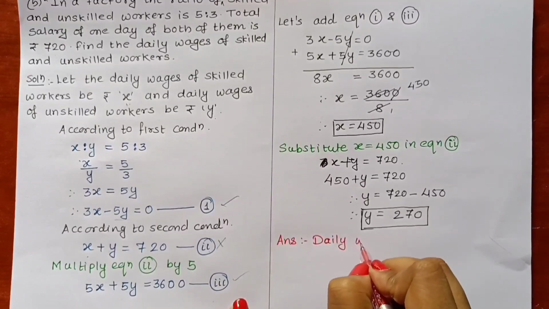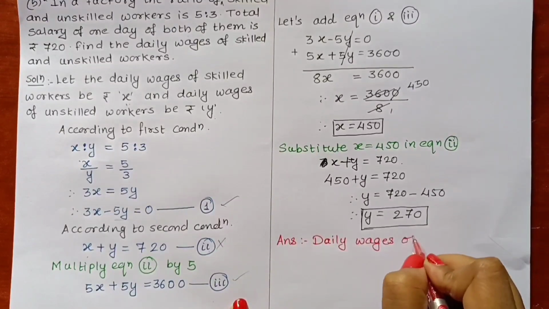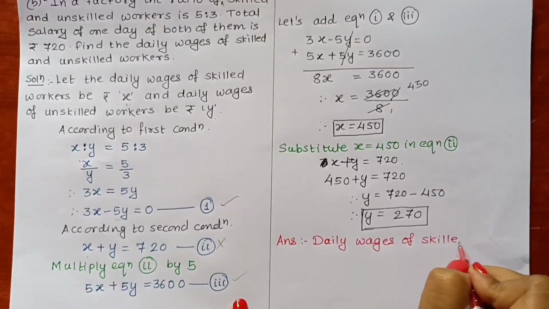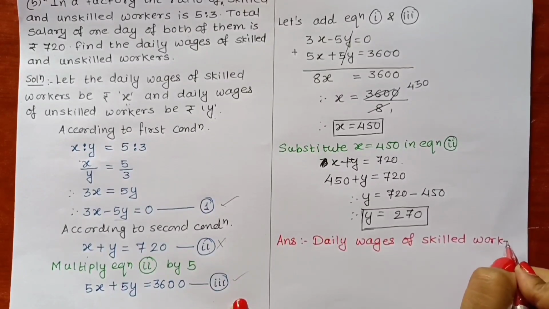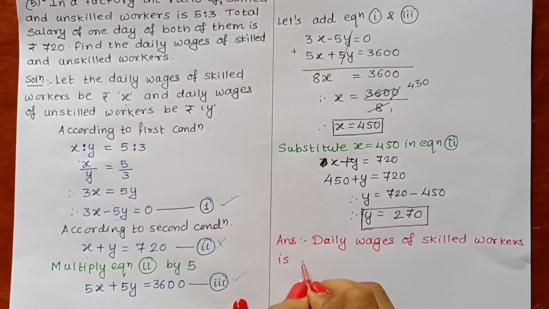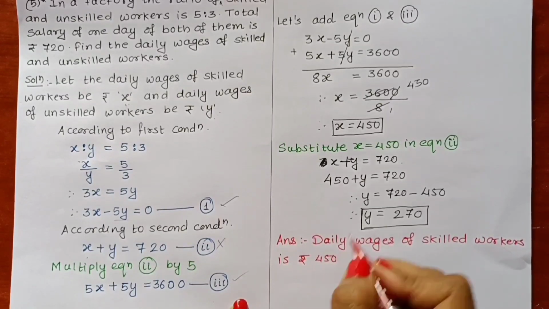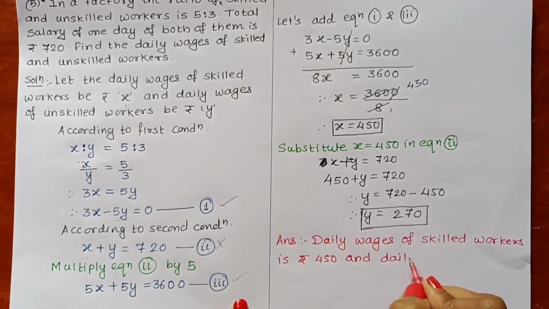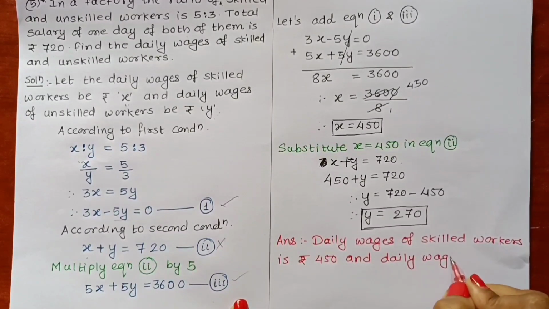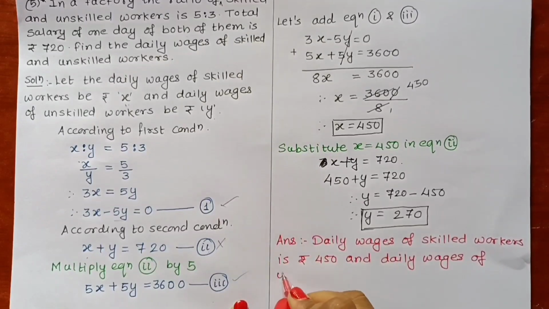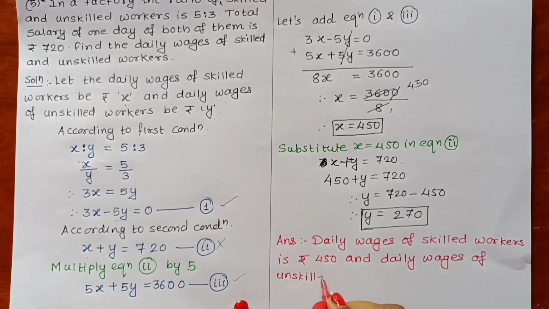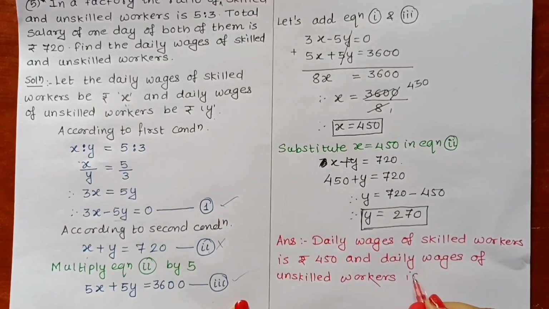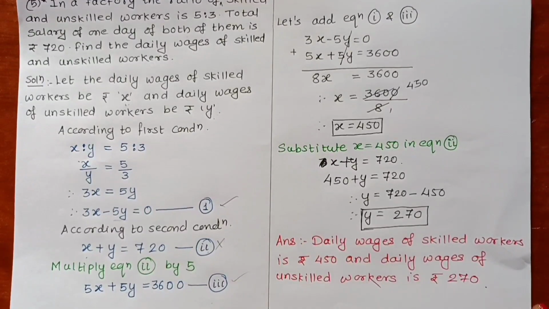So the daily wages of skilled workers is rupees 450, and the daily wages of unskilled workers is rupees 270. So in this way very easily we can solve this sum.